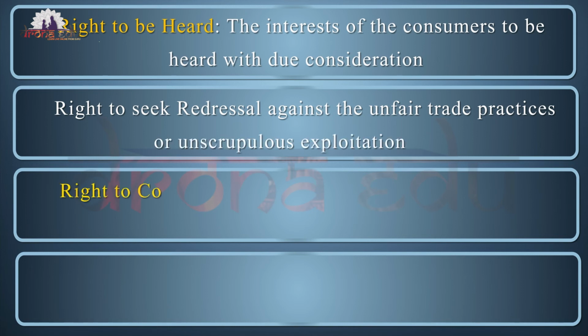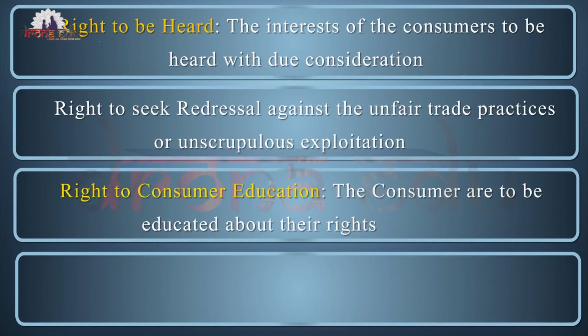Next one is the right to consumer education and the right to stop exploitation. So these were some of the rights given to the Indian consumers to protect against consumer exploitation.